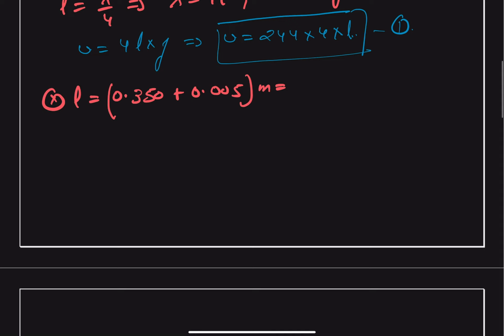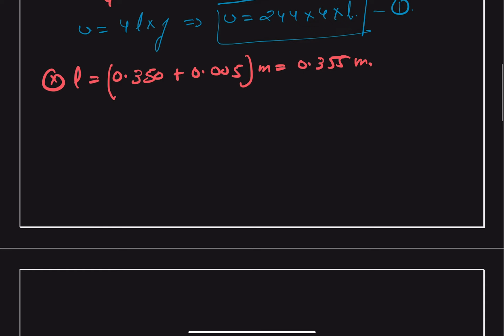So first we are going to find out for plus, then we are going to do it for minus, and this comes as 0.355 meters. And under this condition we get the value of velocity will be equal to 244 multiplied by 4 multiplied by 0.355, and this gives us the velocity will be equal to 346.5 meters per second.